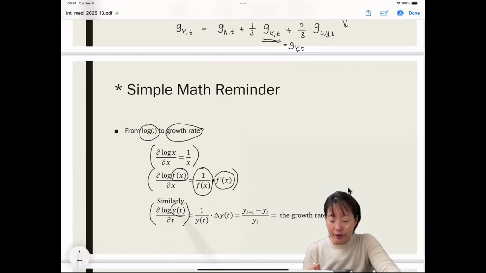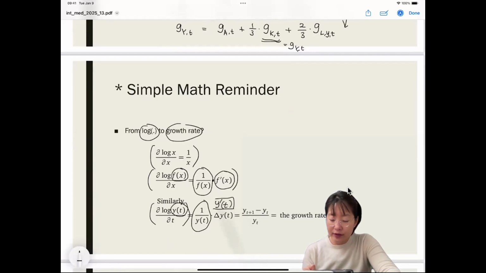So output is actually a function of time. Then apply this formula. So first we put 1 over output, and then we put the first derivative of output with respect to time.